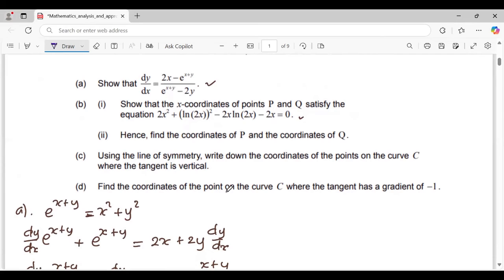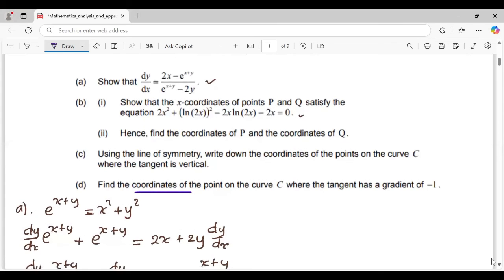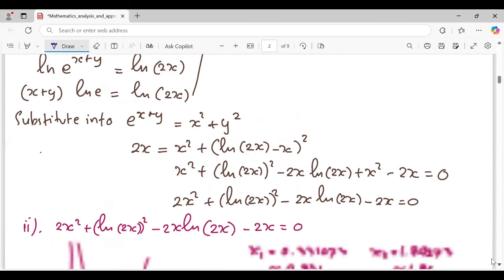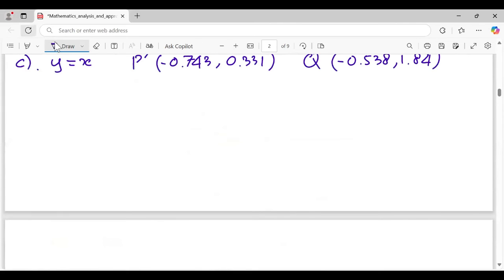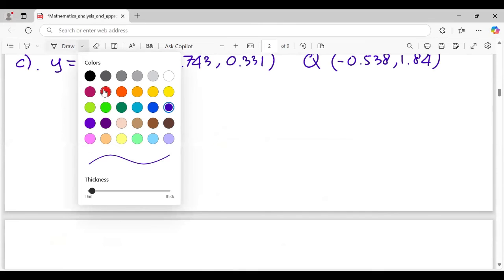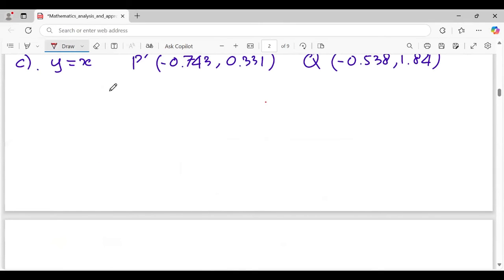Find the coordinates of the point on curve C where the tangent has a gradient of -1. Okay, the tangent is -1.